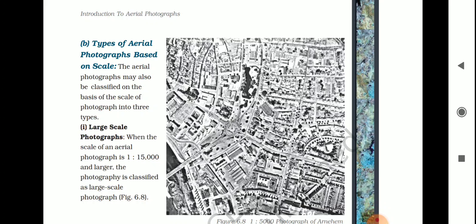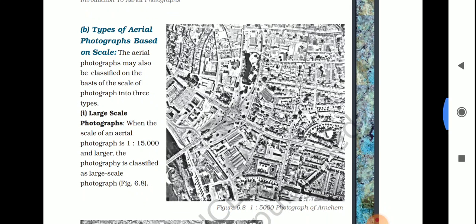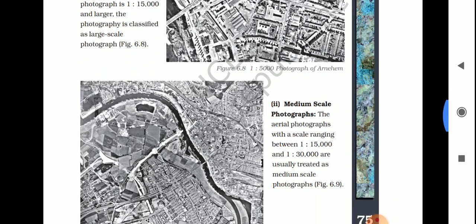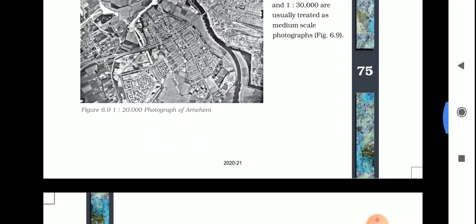So here we have large scale photographs. When the scale of photograph is 1 is to 15,000 or larger, the photograph is called a large scale photograph. Now, medium scale photograph, students: the photograph with a scale ranging between 1 is to 15,000 and 1 is to 30,000 is known as the medium scale photograph, right?